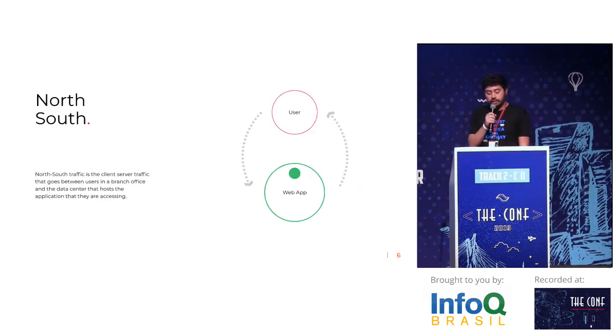The second traffic pattern is the north-south traffic. This is the traffic that comes from outside of our data center and goes back outside of our data center.